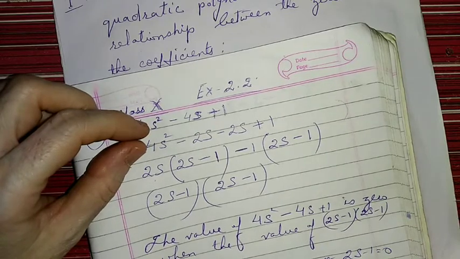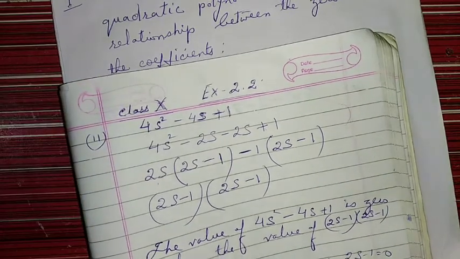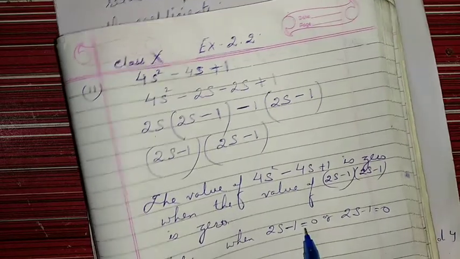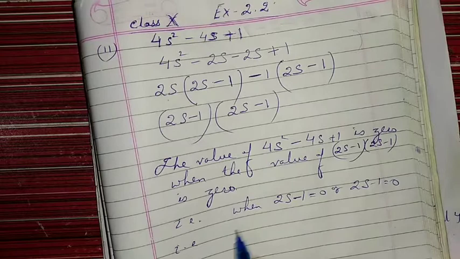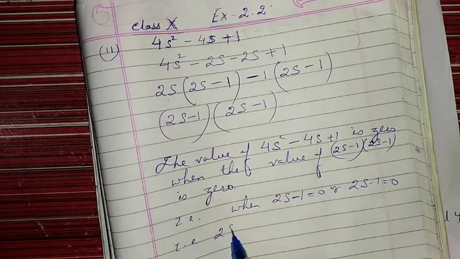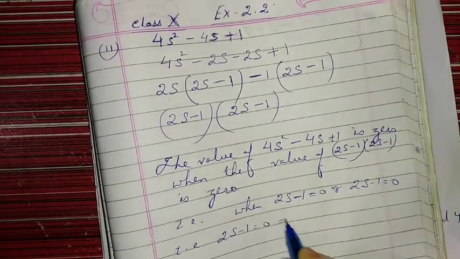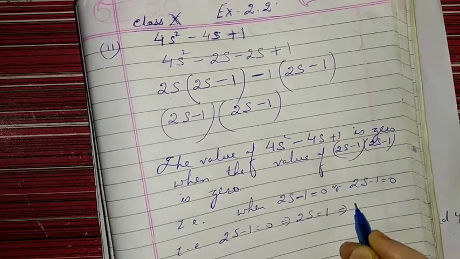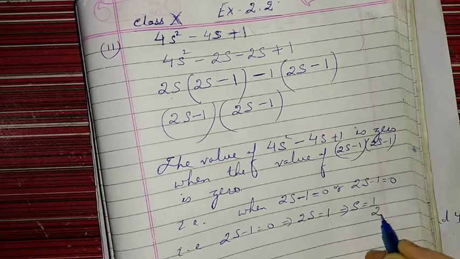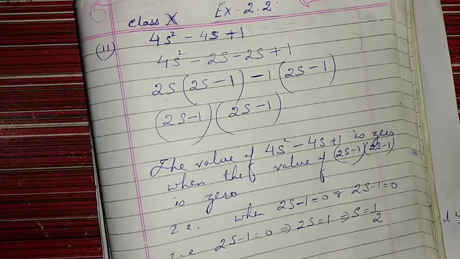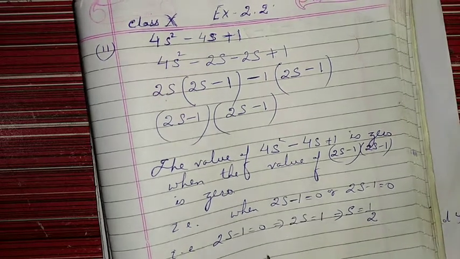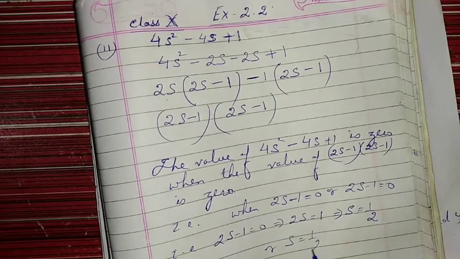Then we will find s is equal to 1, transposed to the other side, then it will be 1 by 2. Then 2s minus 1 is equal to 0 implies 2s is equal to 1 and s is equal to 1 by 2. Both are same, so s is equal to 1 by 2 or s is equal to 1 by 2.